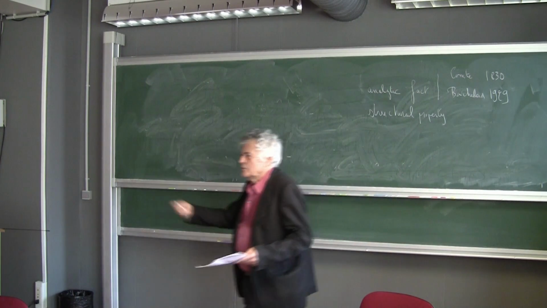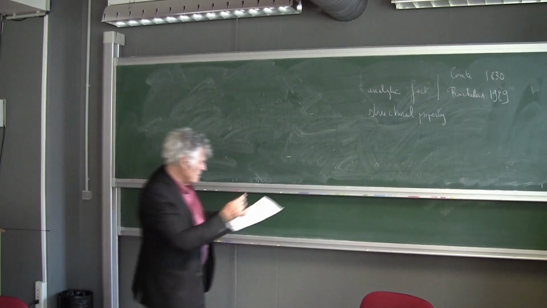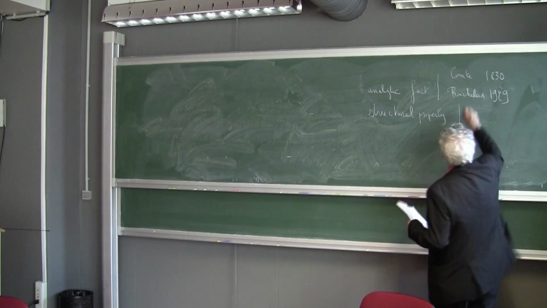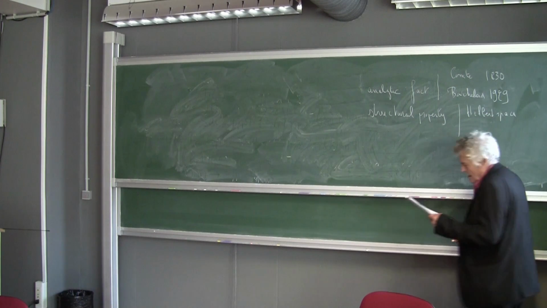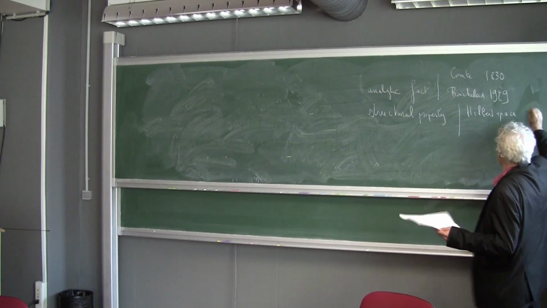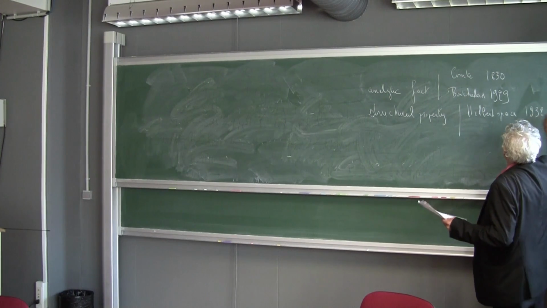Now my second thing will be, in a very simple way, structural property. Well, it is structuralism which is involved, but I'll give some dates perhaps. So, notion of Hilbert space. I will use a date, something rather late.